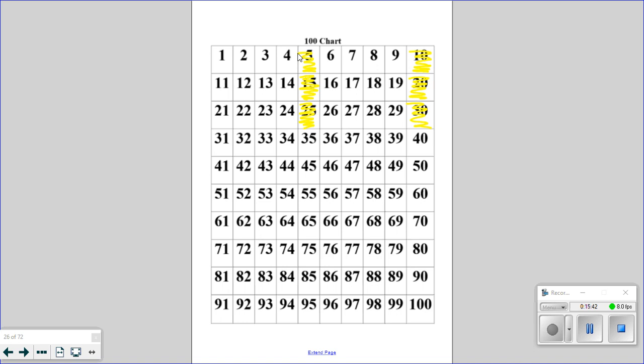We are counting by 5s, but I'm noticing a pattern in my hundreds chart. Colby, what pattern are you noticing? That 5 plus 5 equals 10 and I'm counting up by 10. Kaden, what pattern am I noticing?